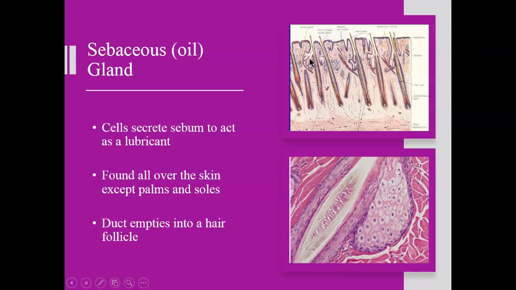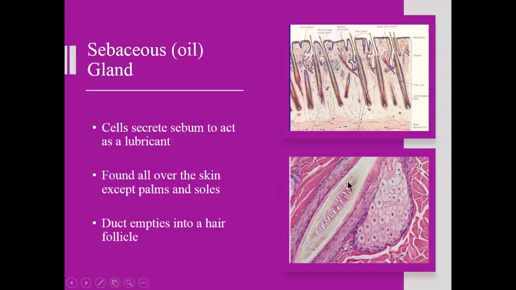You can see that most of these hair follicles have a visible little bag attached to them. So that's how I describe these. If it looks like a bag that empties into a hair follicle, it's a bag of oil. These are sebaceous glands. They secrete into the hair follicle, and then that oil lubricates the hair shaft itself.